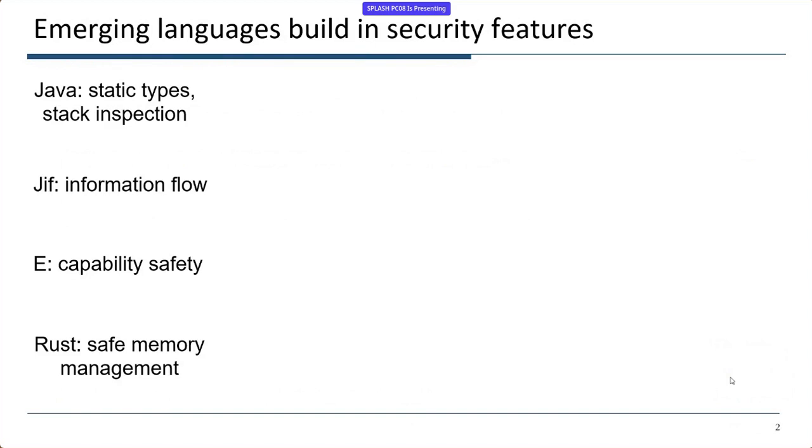Since then, the research community has proposed a lot of things that go beyond the basics of what Java does. A great example is Java with information flow, JIF. Another one is capability safety in the language E that Mark Miller put together. And of course, now Rust is making its way into industry and integrating safe memory management based on types rather than based on garbage collectors. So these are all really cool ideas.